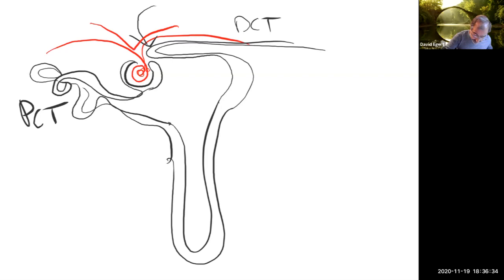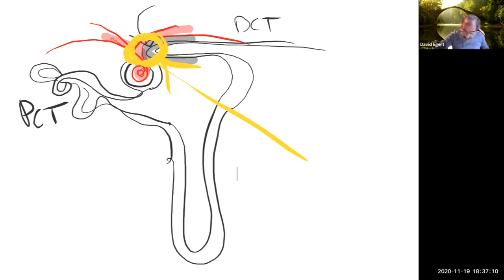I'm not going to go into detail because of time right now, but basically, in a nutshell, there are special cells in the arterioles, and there are special cells in the DCT that work together to become what's called the juxtaglomerular apparatus, which you should know the name of this thing.